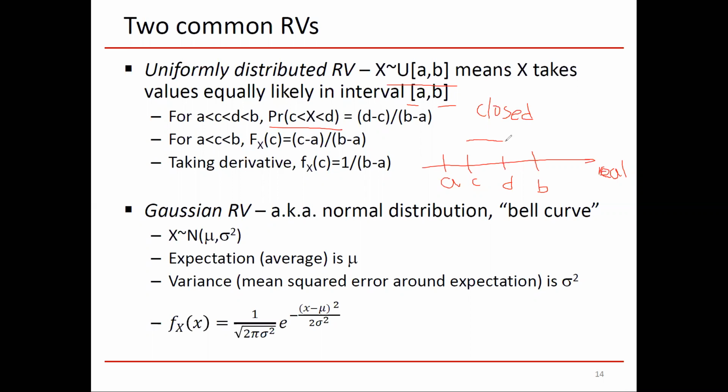So the probability of being between C and D is the length of the segment from C to D, namely D minus C, divided by, in this shaded blue, I'm dividing by the length of the larger segment. And the length of the larger segment, it goes from A to B, so its length is B minus A.